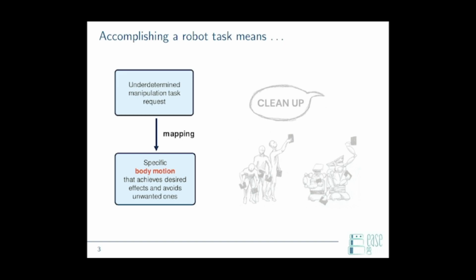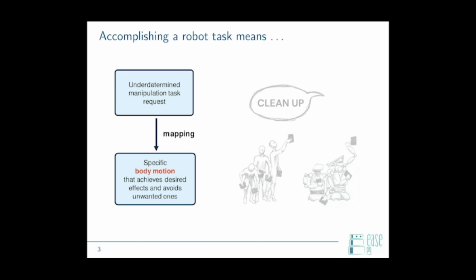So if we ask the robot to set the table, we want at the end to have a completely set up table, and we don't want the robot to make a mess and break things while doing so. And that's, of course, an incredibly challenging task.